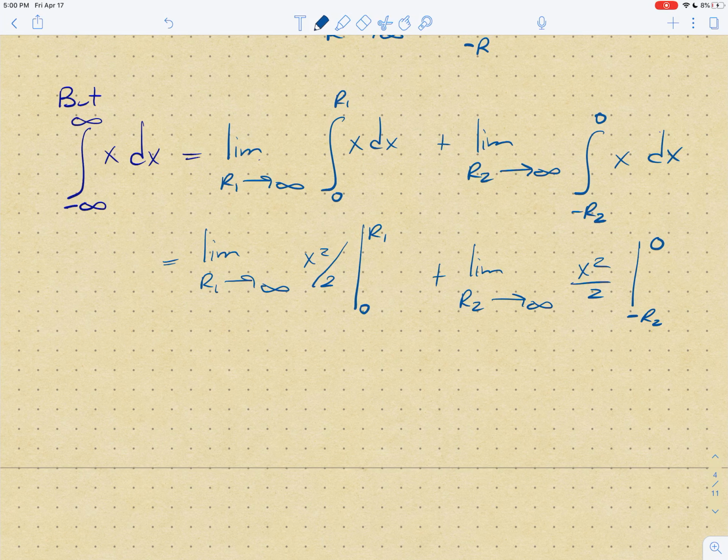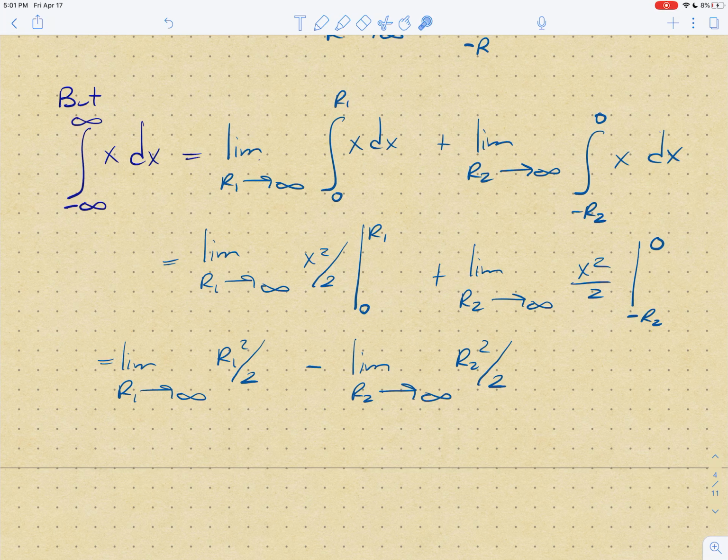And now let's see what happens. So here I'm going to get the limit as r1 goes to infinity of r1 squared over 2. When I plug in 0, I get 0, subtract, plug in minus r2 squared. So you're going to get a negative from the subtracting, not from the minus r2. Negative limit as r2 goes to infinity of r2 squared over 2. And now you see what's happening.